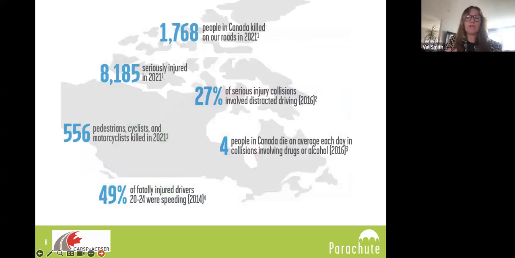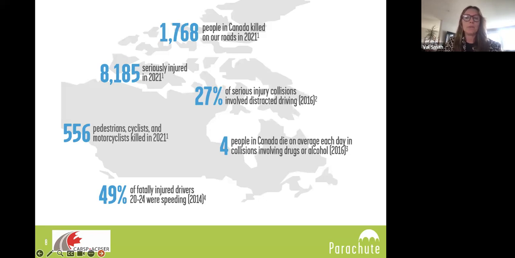So in this picture, we'll very promptly go through this. This is a nationwide look at our current situation. The data is actually lagging by about 3 years, but in 2021, 1,768 people were killed on our roads, with over 8,000 being catastrophically injured. In 2021, 32% of collision fatalities in Canada involved vulnerable road users, so pedestrians, cyclists, and motorcyclists.